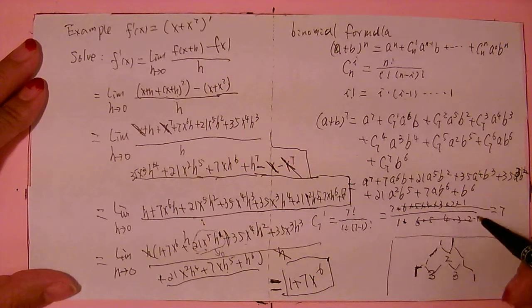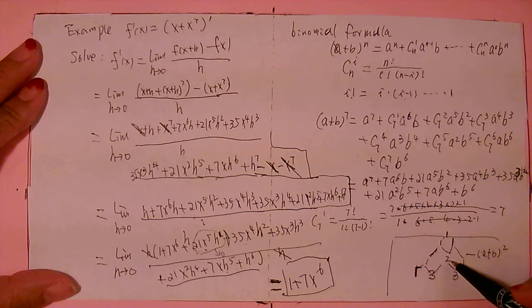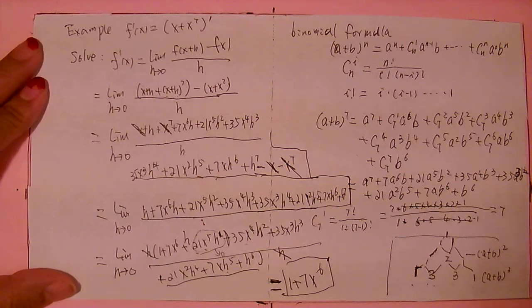Then you can go on, use that triangle to get these coefficients. This means (a+b)^2 is a^2 plus 2ab plus b^2. And (a+b)^3 equals a^3 plus 3a^2 b plus 3ab^2 plus b^3. Okay, so this will be the right coefficients.